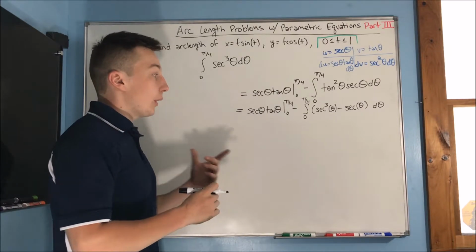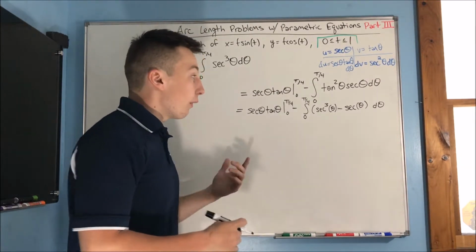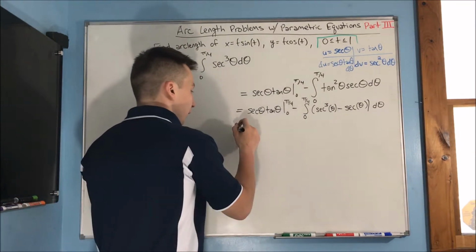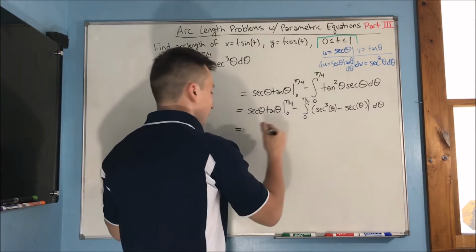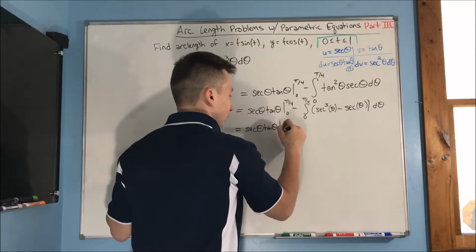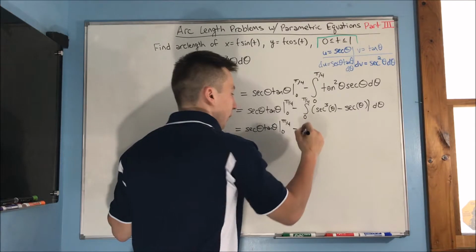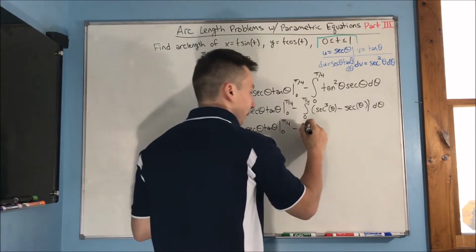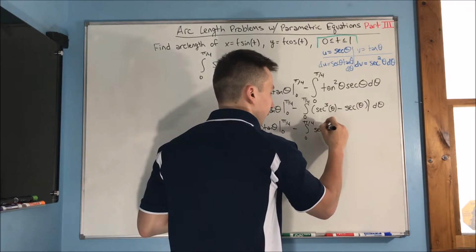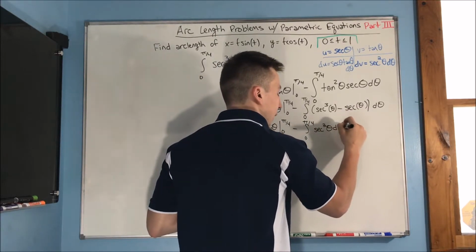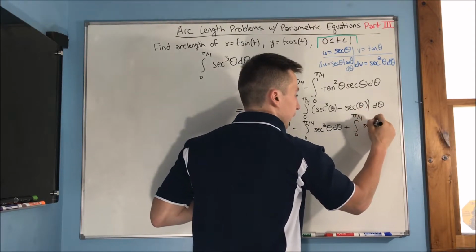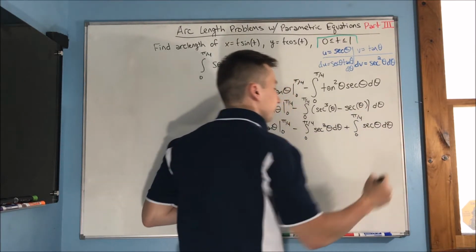And now we end up with that same integral again. Well, that's not a bad thing, because we can split apart this integral and have it be secant tangent evaluated from 0 to pi over 4 minus the integral from 0 to pi over 4 of secant cubed theta d theta plus the integral from 0 to pi over 4 of secant theta d theta.